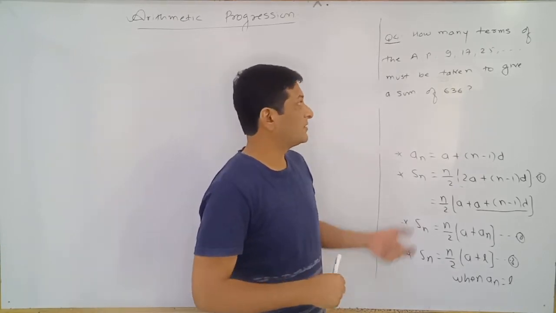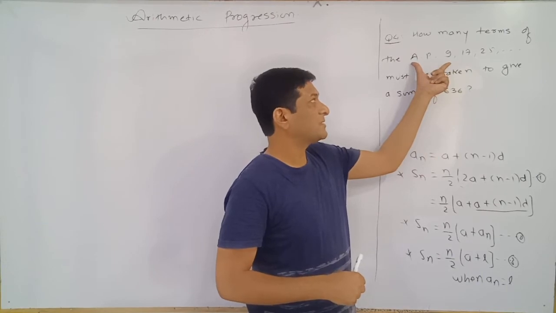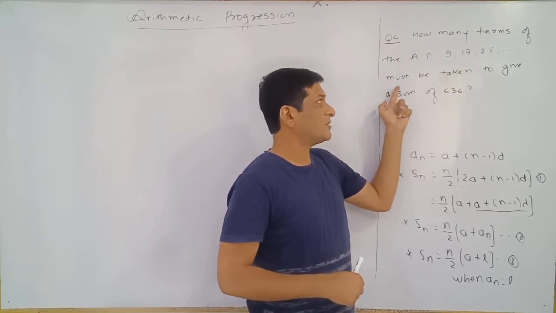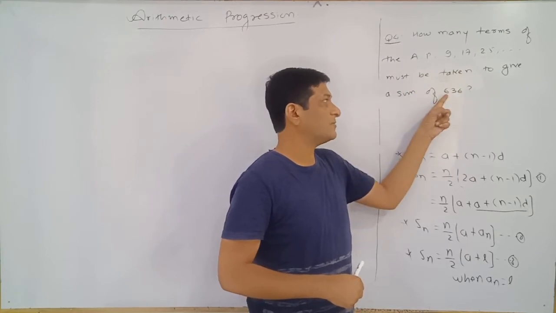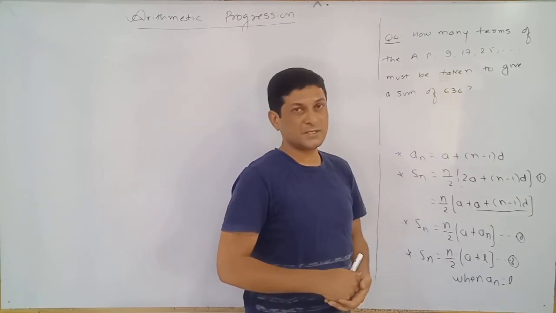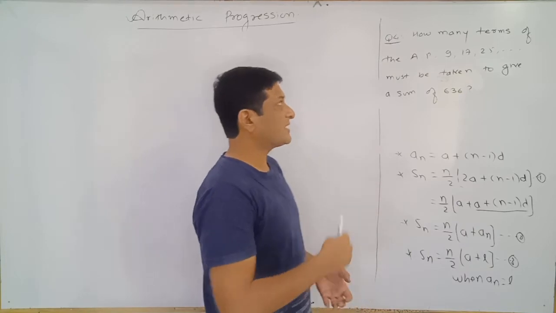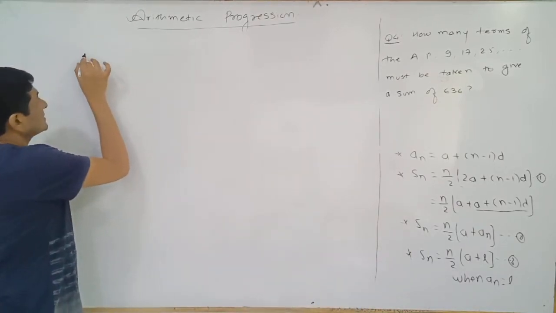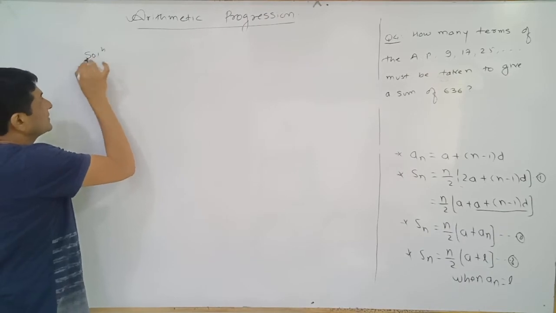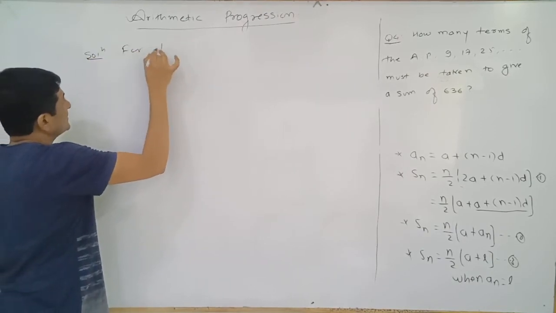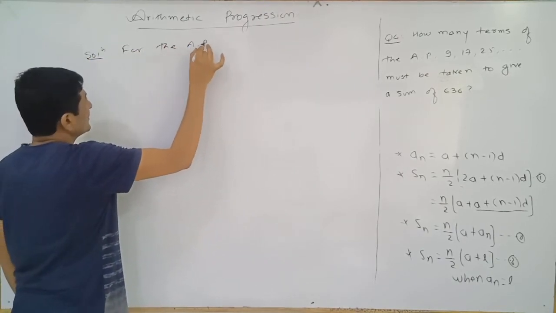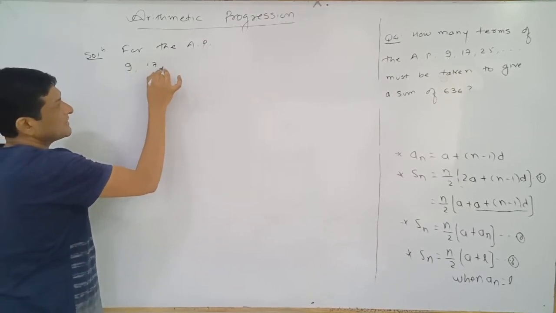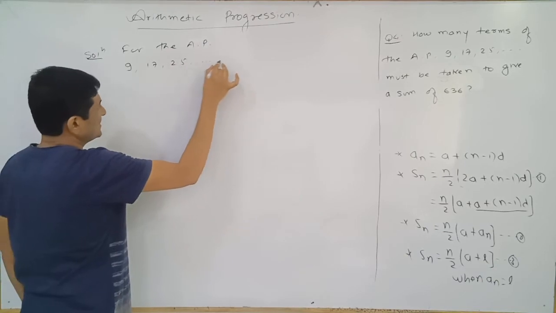In this case, one arithmetic progression is given to us, and the question is how many terms of this arithmetic progression must be taken to give the sum 636. So first let us consider the given arithmetic progression. Solution: what is the arithmetic progression here? 9, 17, 25 and continuing this way.